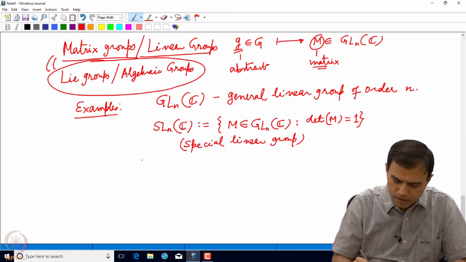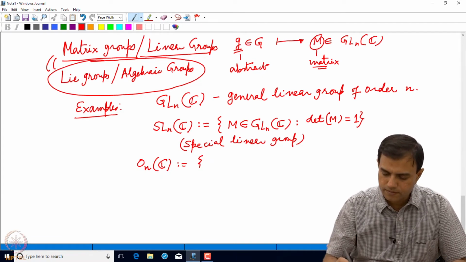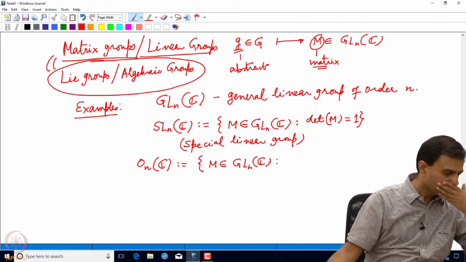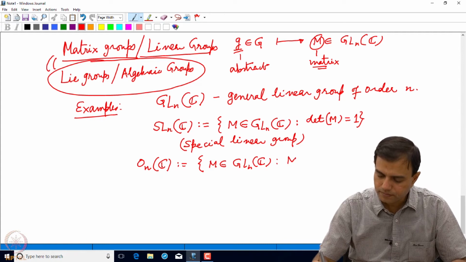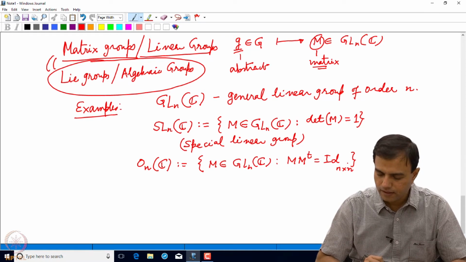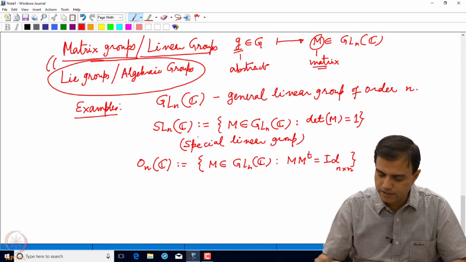A few more groups. This group is OnC. What is this group? This group is all those matrices M in GLnC for which M M transpose is the n by n identity matrix. So here is an observation about such elements.